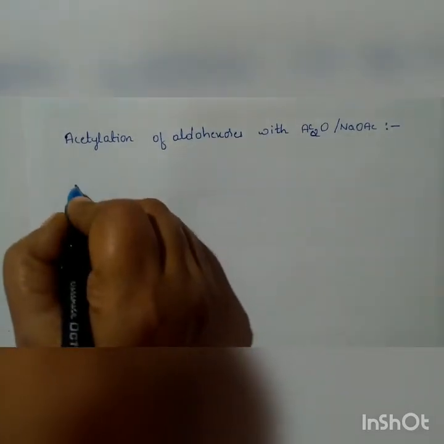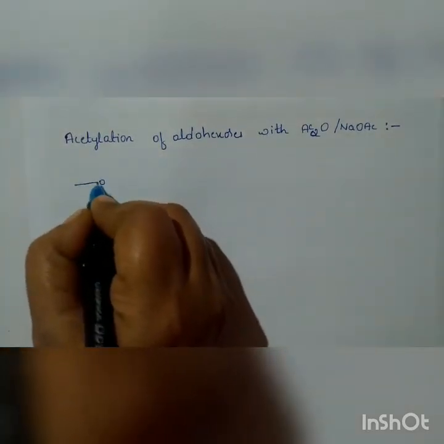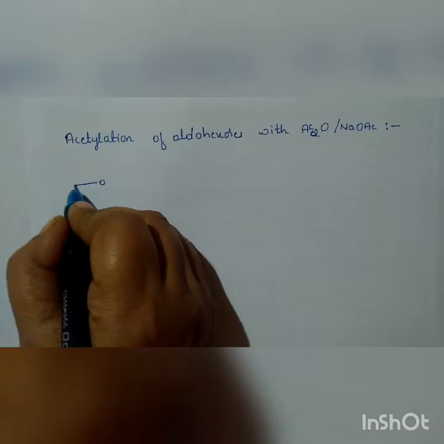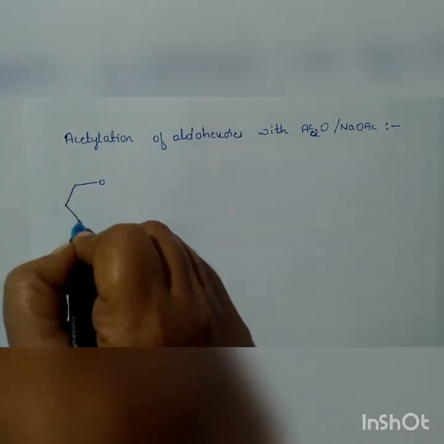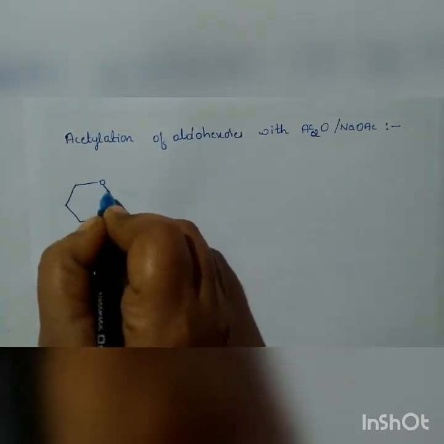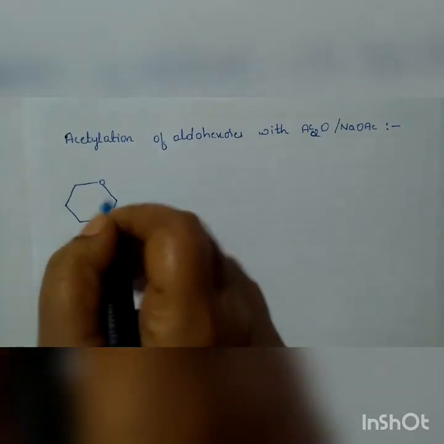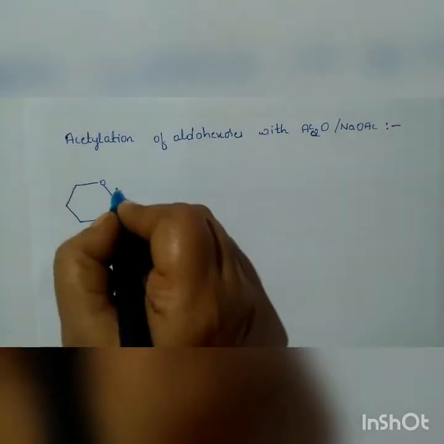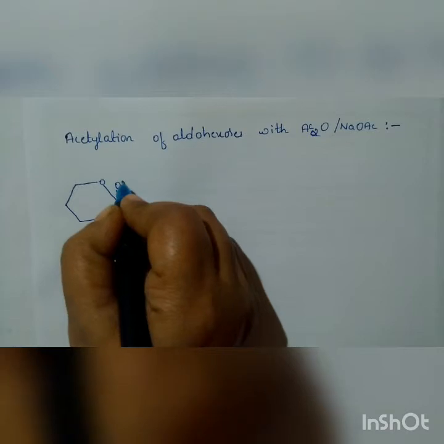So we have a glucose. I'm going to write a glucose here. Either you can take alpha D glucose or beta D glucose, anything. Now I'm going to write it for beta.